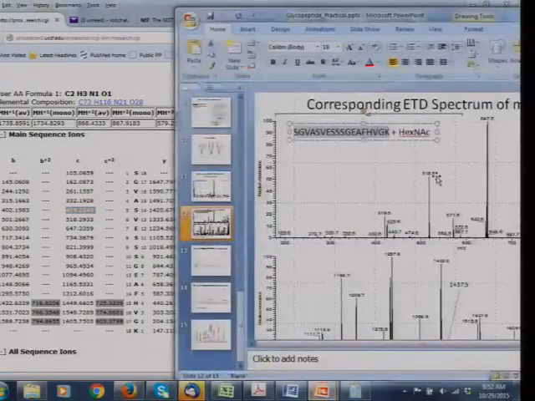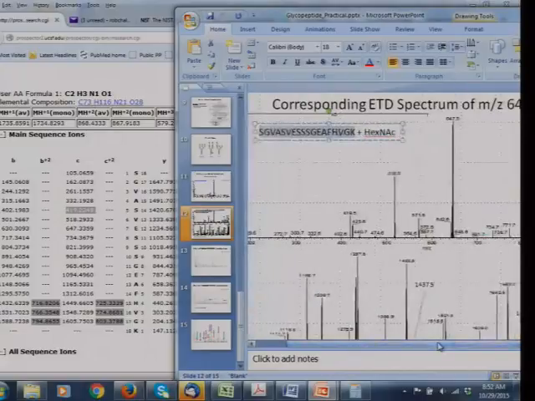Then next we've got a 518. So that's the next residue along. So that's also not modified. 647. What do we have after that?